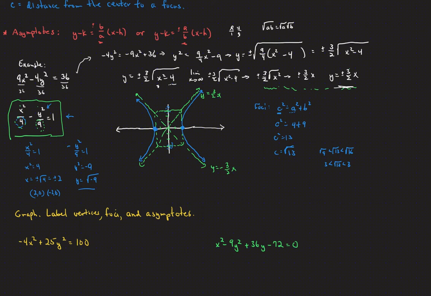So we're going to count from the center, 1, 2, 3, 4, so somewhere in here is going to be our focus, and that is going to be (square root of 13, 0), and in the other direction, 1, 2, 3, in between 3 and 4 is our other focus, and that's (negative square root of 13, 0). All right, a lot to these hyperbolas.